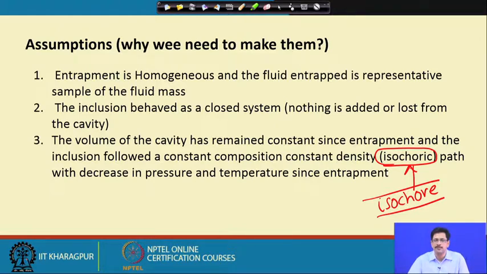We sampled it almost near the surface, and the mineral in its surrounding, in a rock or in a vein, formed at a greater depth at a pressure-temperature condition which is different, and then it evolved through the decrease of pressure and temperature. That particular inclusion cavity, talking of the individual inclusions, although we know that they occur in huge number, in millions, each of them has evolved in a constant density, constant composition path.